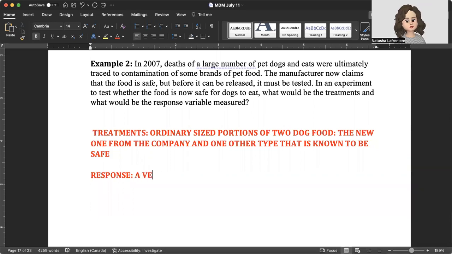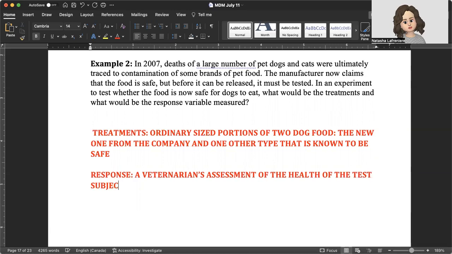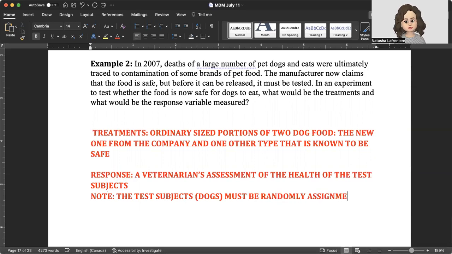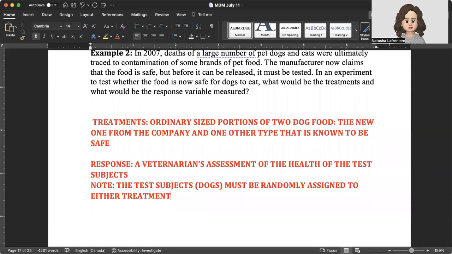Okay, and the response would be a vet assessment of the health of the test subjects. Note that the test subjects, dogs, must be randomly assigned to either treatment.